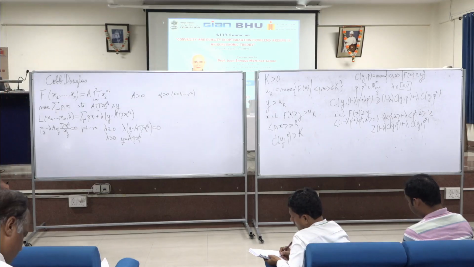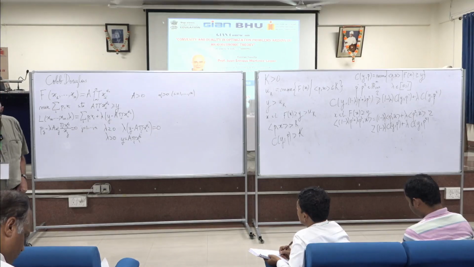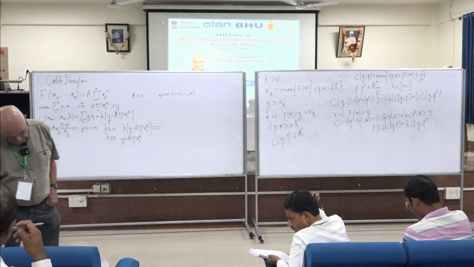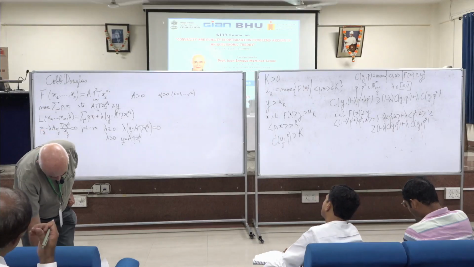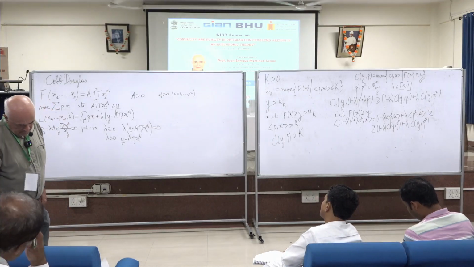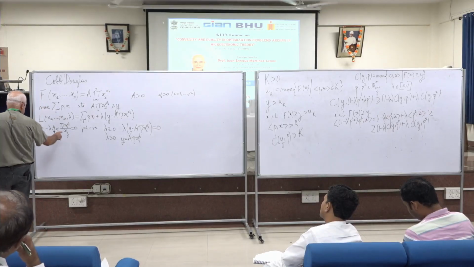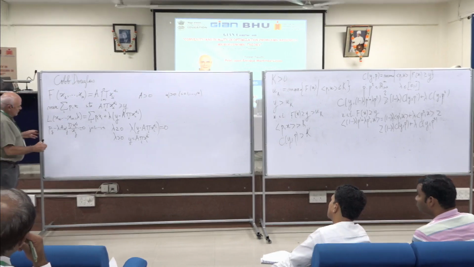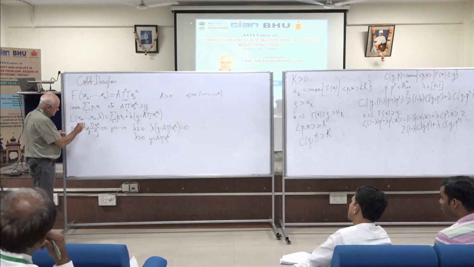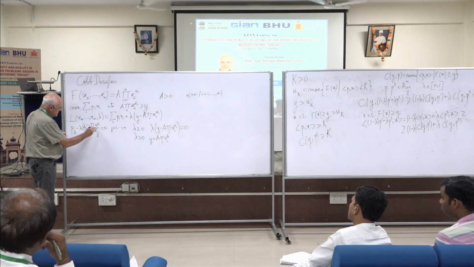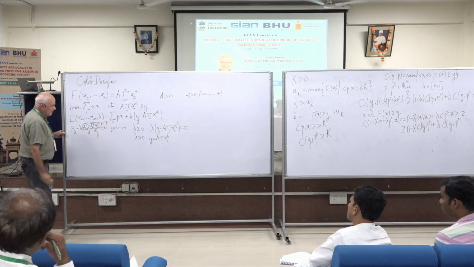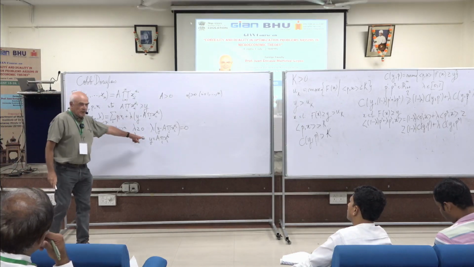Okay. No, I don't want to make mistakes. Yes. So from this equation, we can do two things. One is to replace this with y. This is what we have observed here.